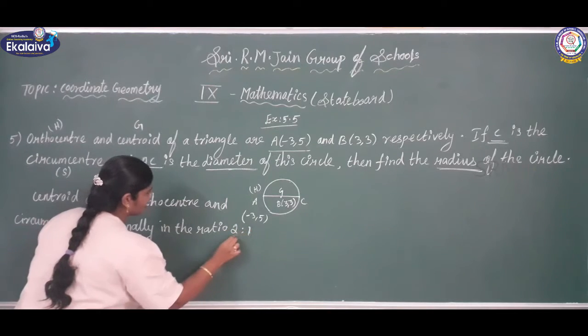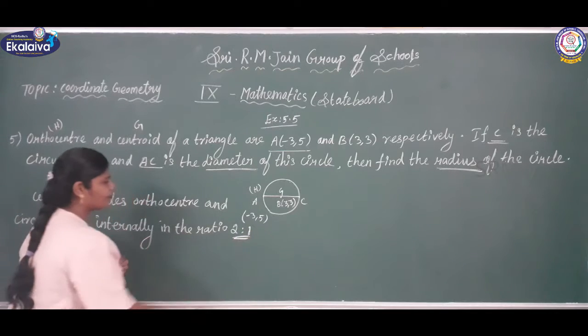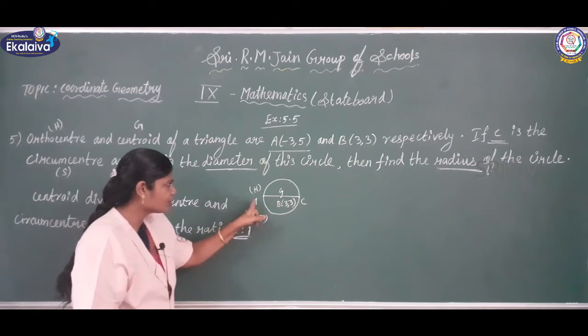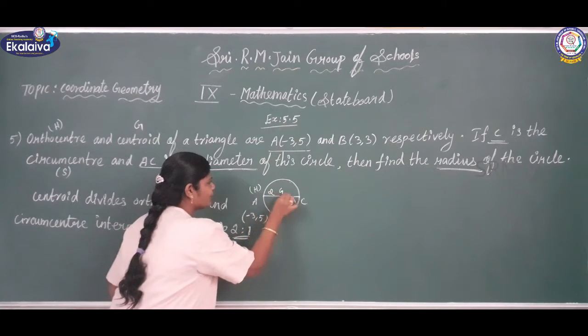This is very important. This is given in the book. Centroid G is dividing the orthocenter and the circumcenter in the ratio 2:1.